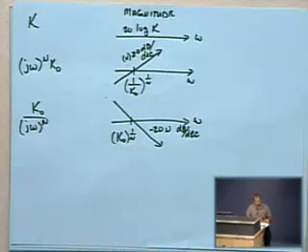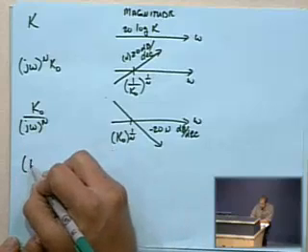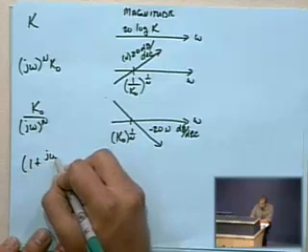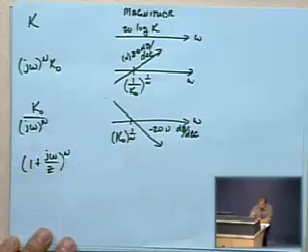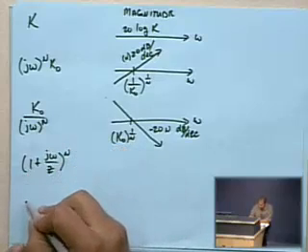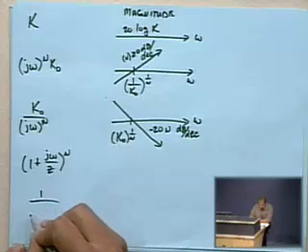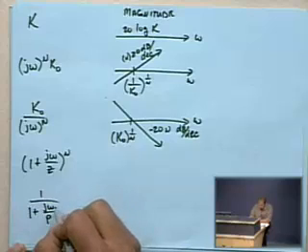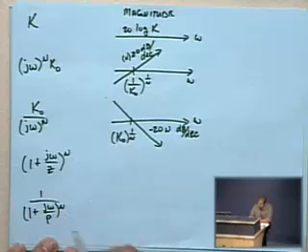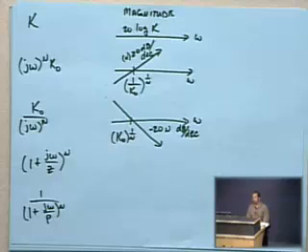The last two to look at are simple zeros and poles of any degree. So we have j omega over z plus 1, to the nth power, and 1 over 1 plus j omega over p, to the nth power.